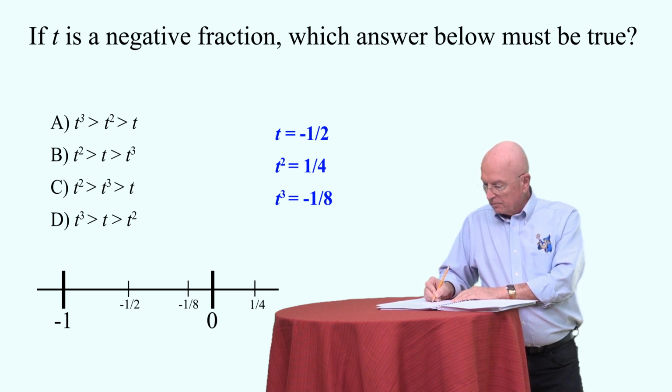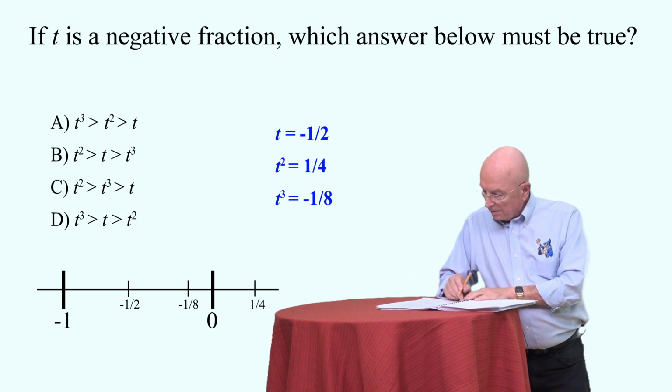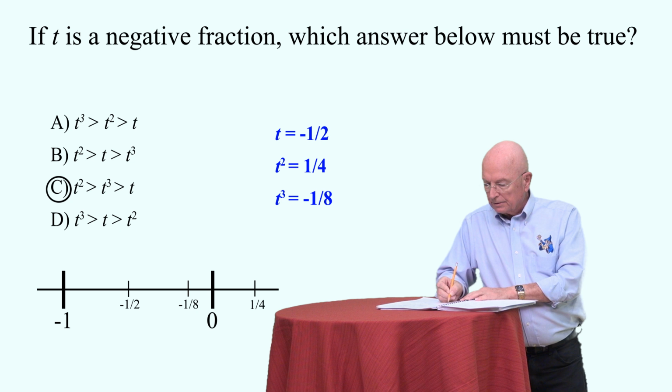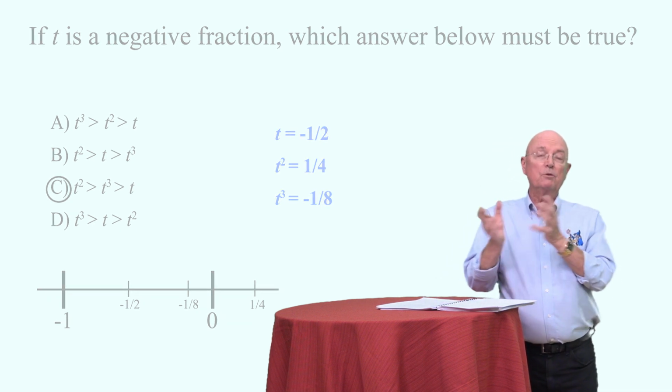Negative 1/2 would be halfway between those two, but negative 1/8 would be way over here. So negative 1/8 is actually larger because it's to the right on the number line. So we come up with t cubed as being the largest of the 3 values. We circle C, bubble it in the test booklet, and we move on.